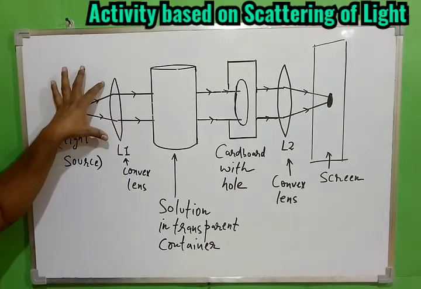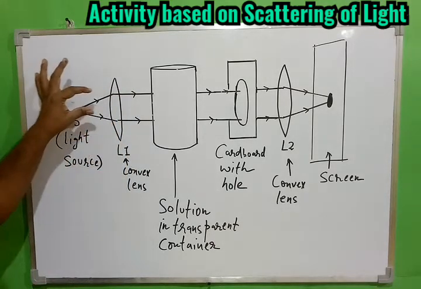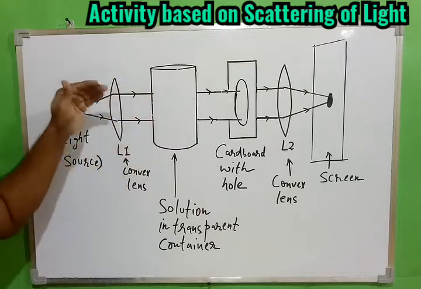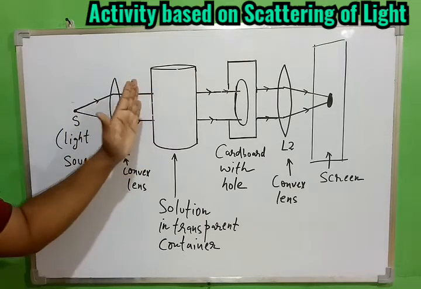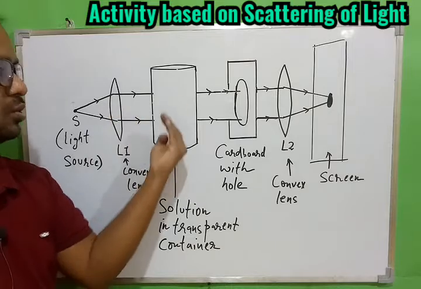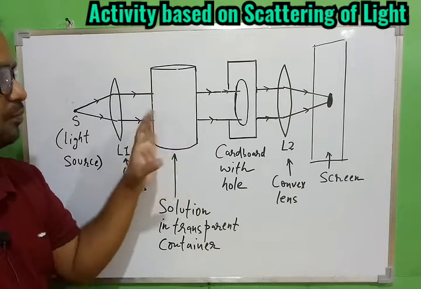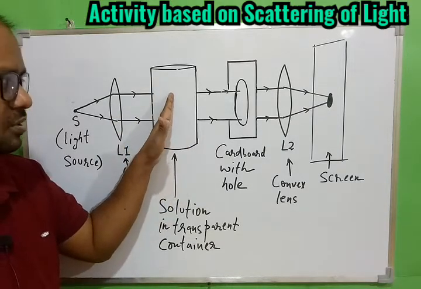That is the purpose of the convex lens, so that it can make the rays of light parallel to the principal axis, so that finally rays of light parallel to each other will be allowed to pass through this container which is transparent. What we have in the container, we are going to discuss.